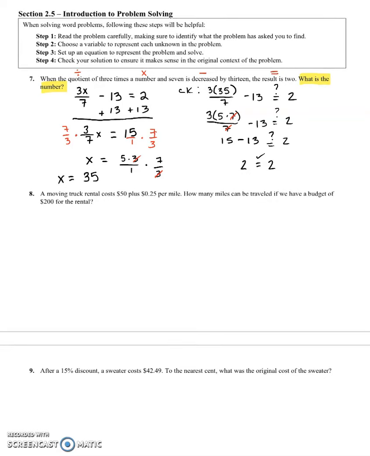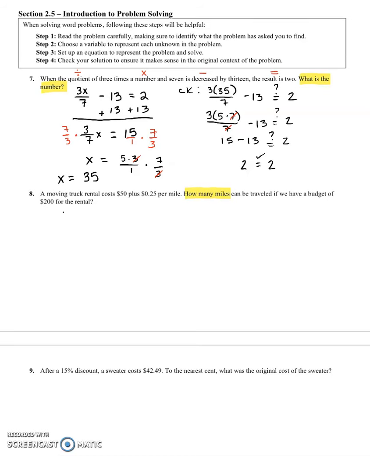Okay, looking at number 8. A moving truck rental costs $50 plus 25 cents per mile. How many miles can be traveled if we have a budget of $200 for the rental? So we need how many miles. Before we drive it off the lot, we have to pay $50.